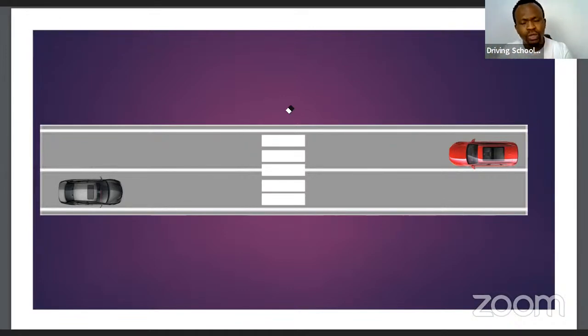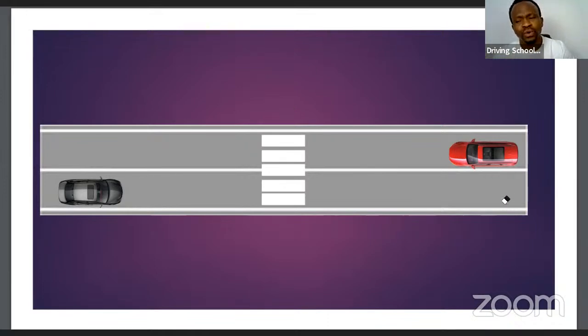You understand? So these are places where overtaking is dangerous. So in order to prohibit you from carrying out that overtaking, they continue the line like this.